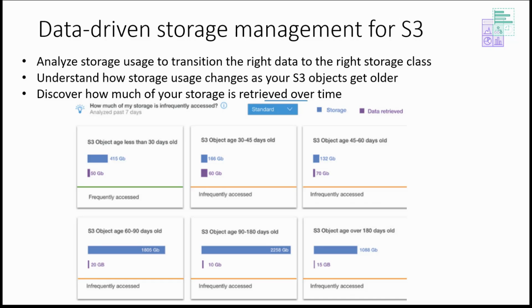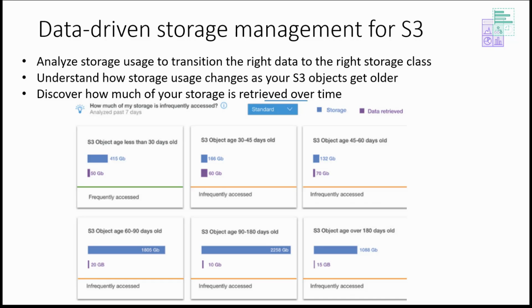So for example, given the previous data analysis, you can see basically how much was accessed over which period of time, over 30 days, over 30 to 45 days, over 45 to 60 days, et cetera, all the way through. And so you can see where it's green and yellow. Essentially what this does is provide you a mechanism, an intelligence to make a recommendation for your lifecycle policy.